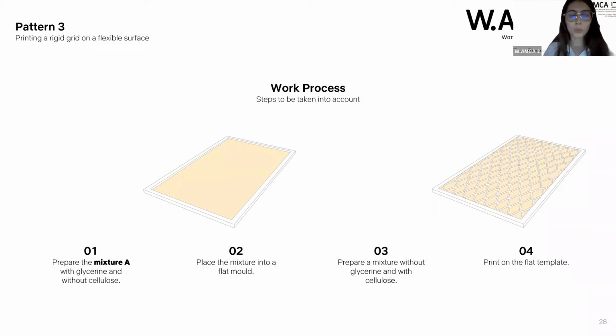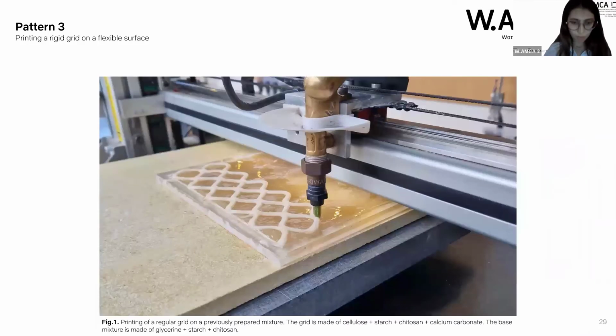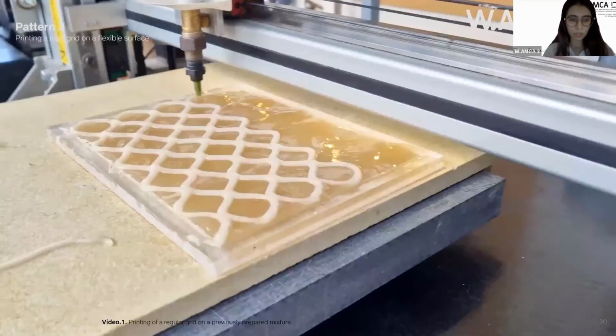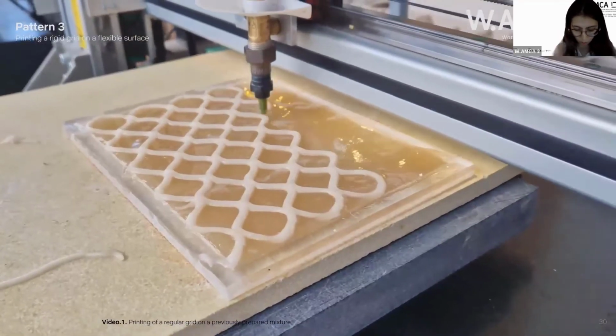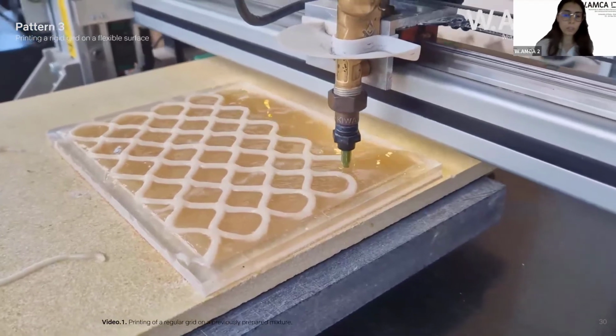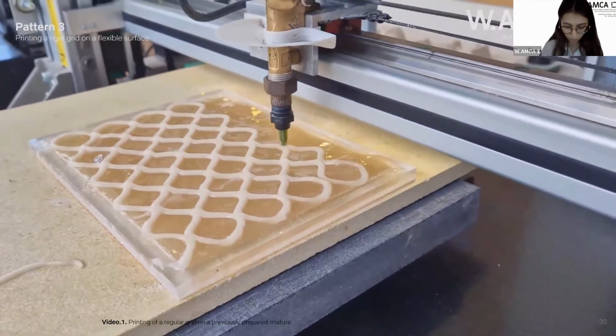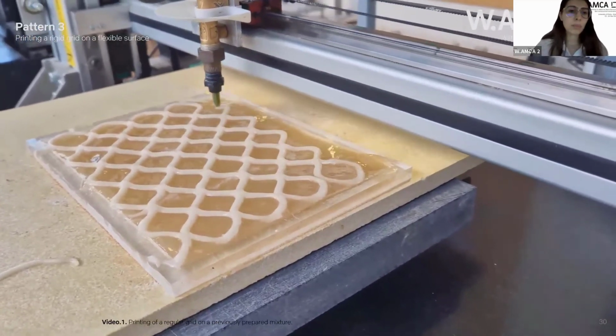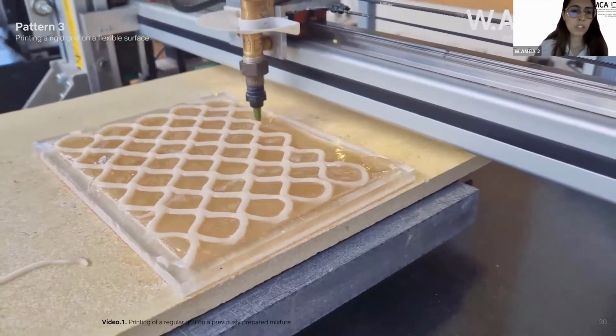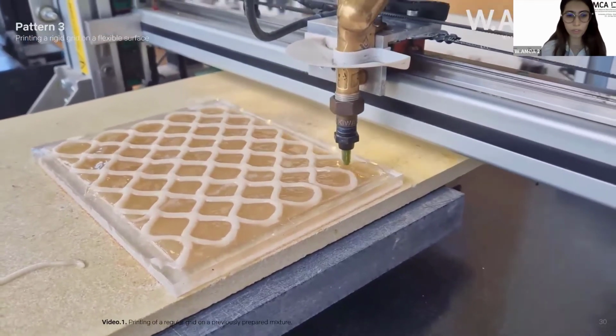The main point was to use a hard mixture with a flexible mixture. This image shows the grid printed on a flat surface. And this video shows the printing of the rigid mixture over the flexible mixture and the joining of both of them.